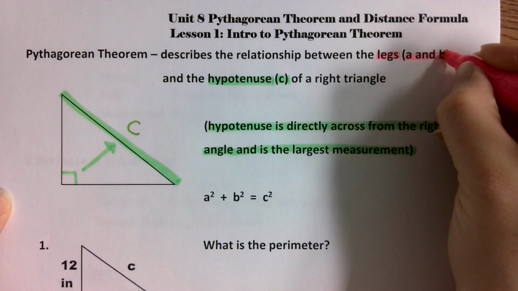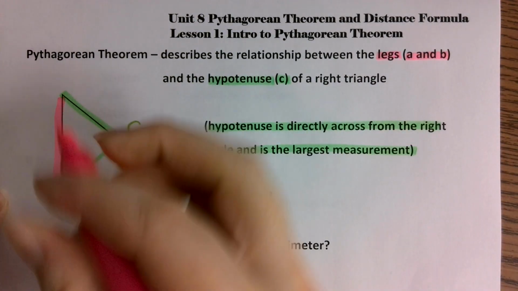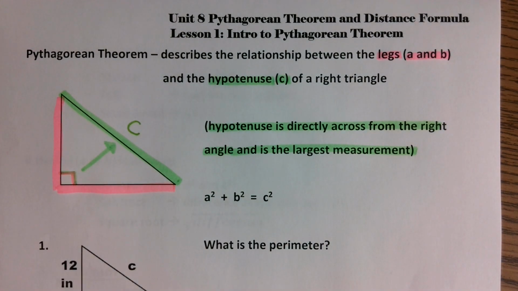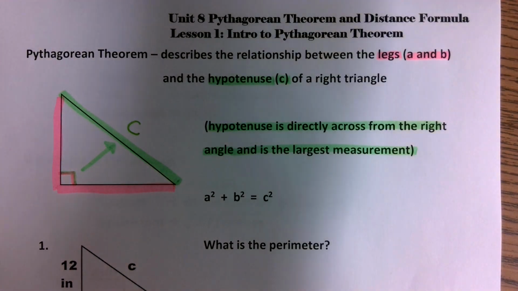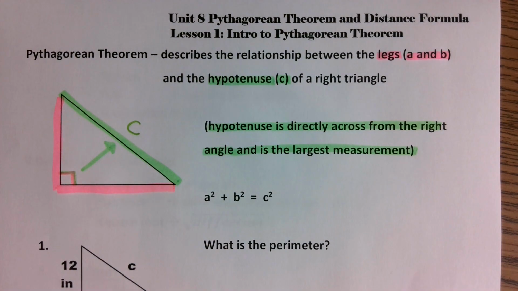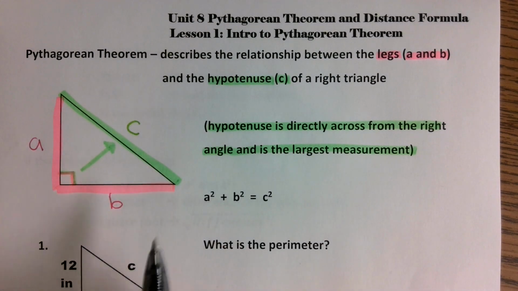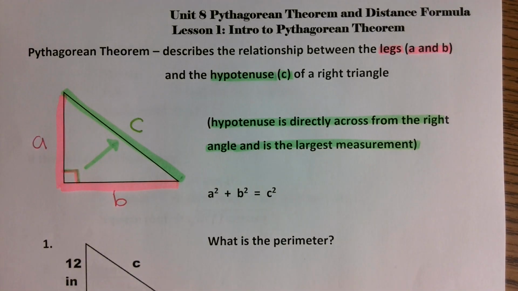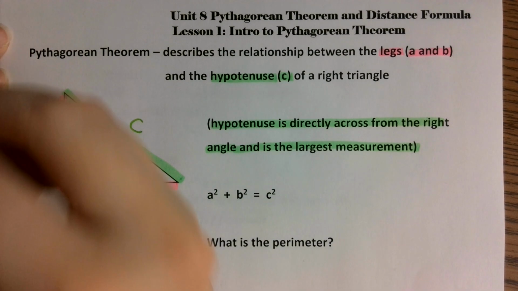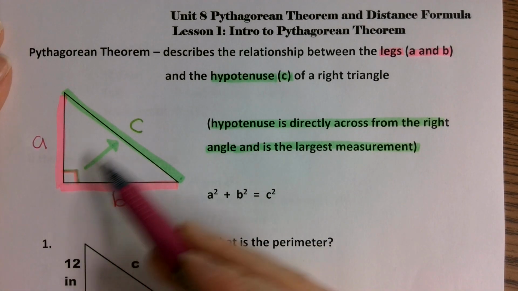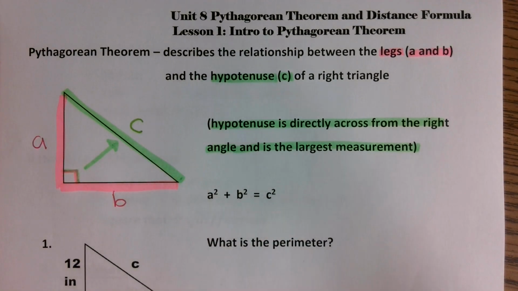We call those legs A and B. So this is leg A and leg B. It does not matter which one you label A and which one you label B. It's perfectly fine if you always want to label the missing leg A or the missing leg B. What's important to know is that the legs form the right angle, and the hypotenuse is directly across from the right angle.